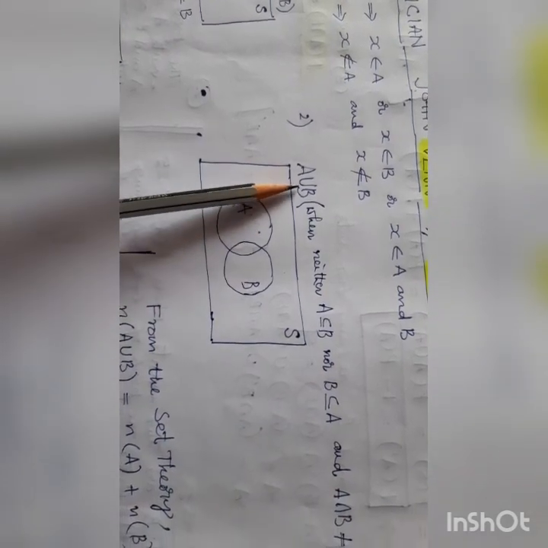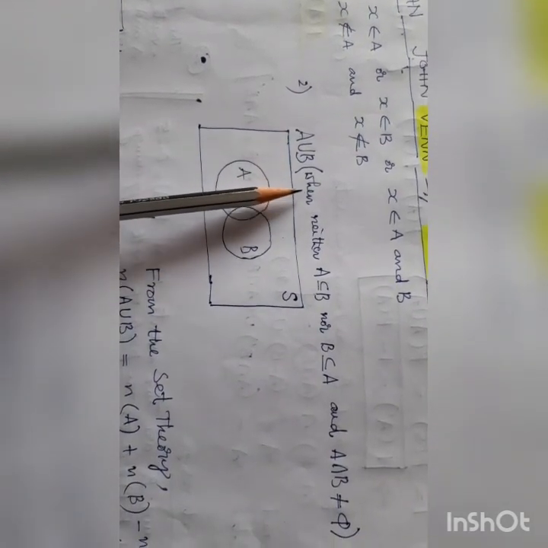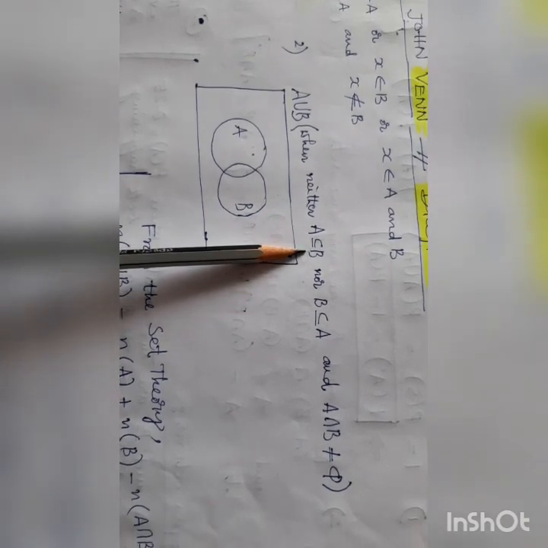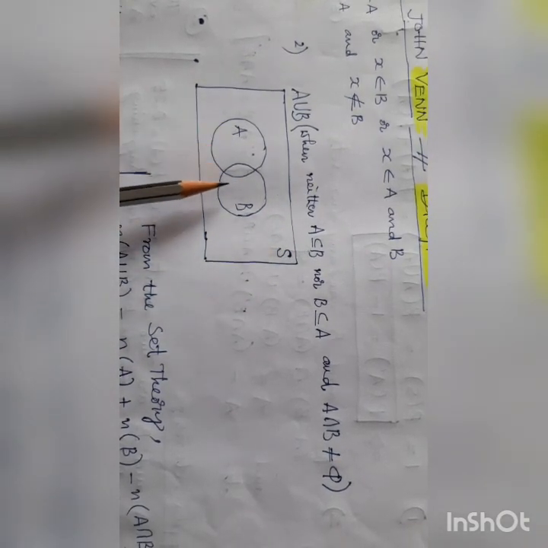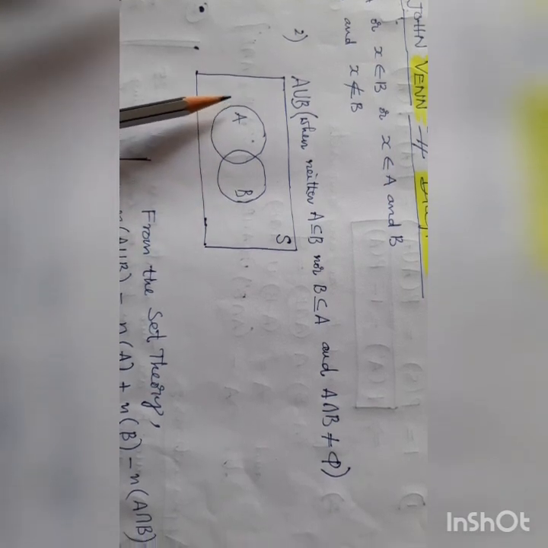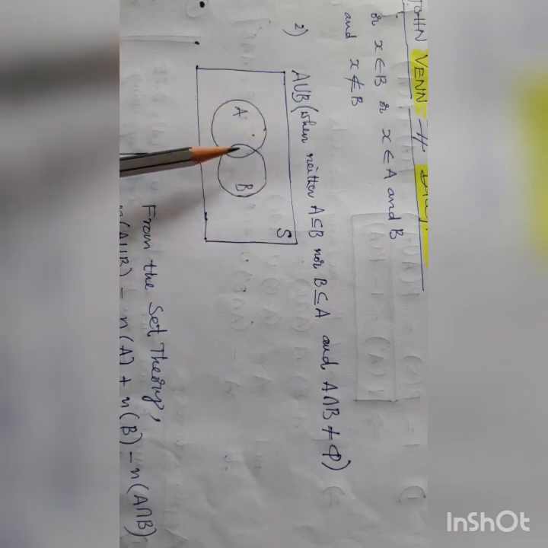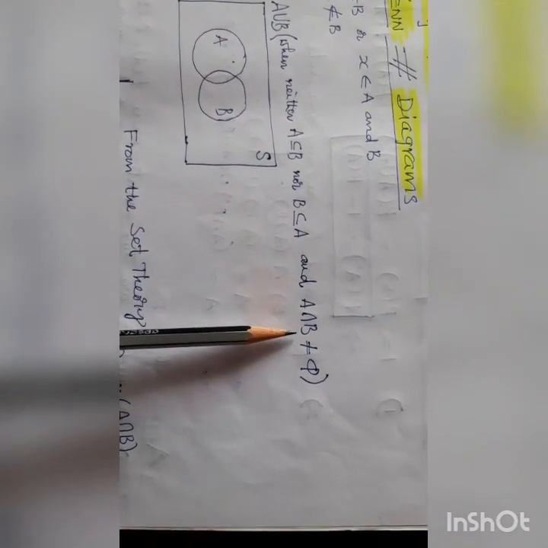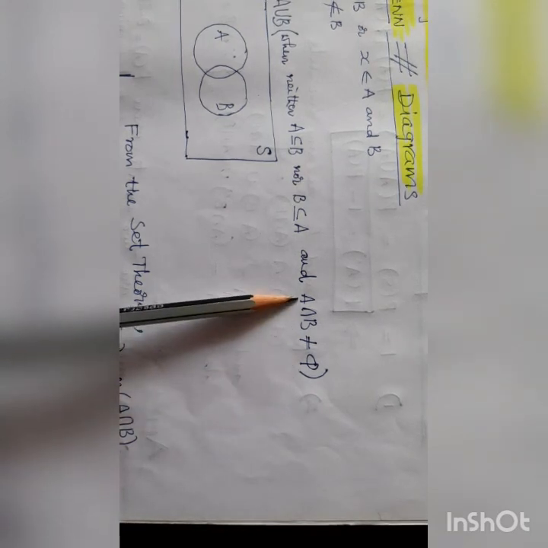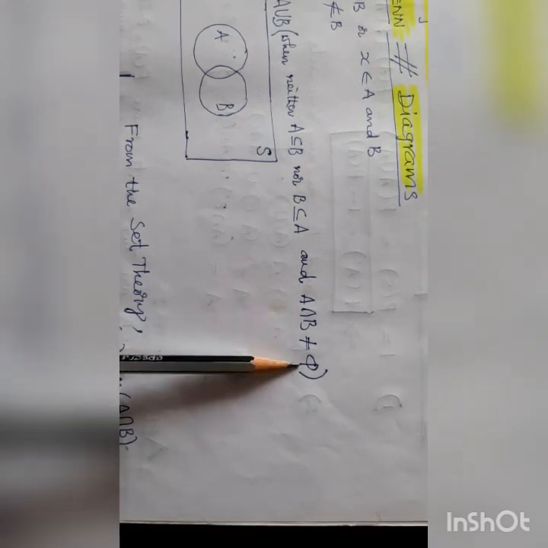A union B when neither A is a subset of B nor B is a subset of A, and A intersection B is not equal to phi, A intersection B is not a null set.